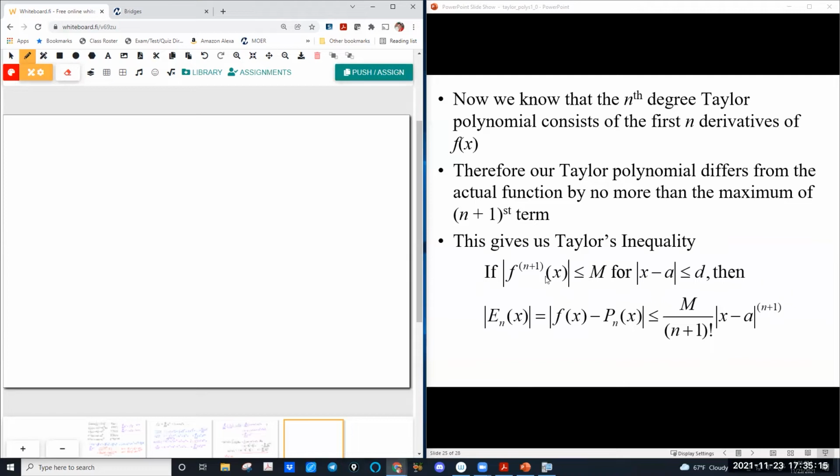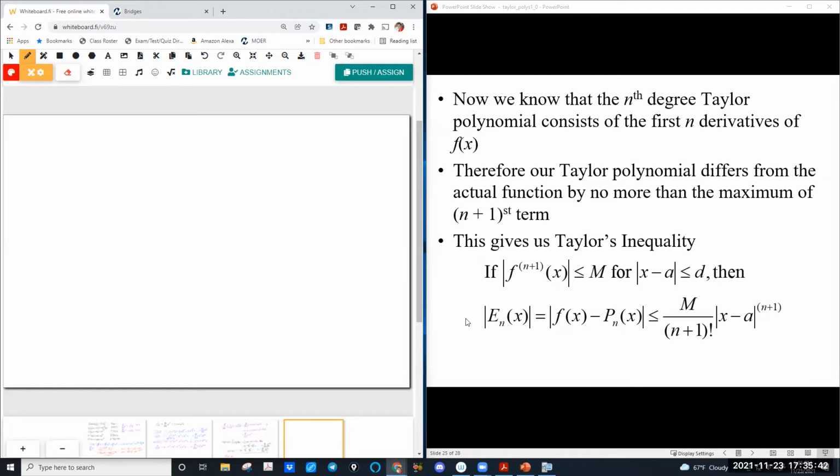This will look really familiar. This is what is used to derive those error formulas that we use for the midpoint rule, Simpson's rule and trapezoid rule back in our numerical integration section. This is exactly where it comes from. So you're actually doing a lot of the same stuff. So what I want to work on is how we use this in practice.